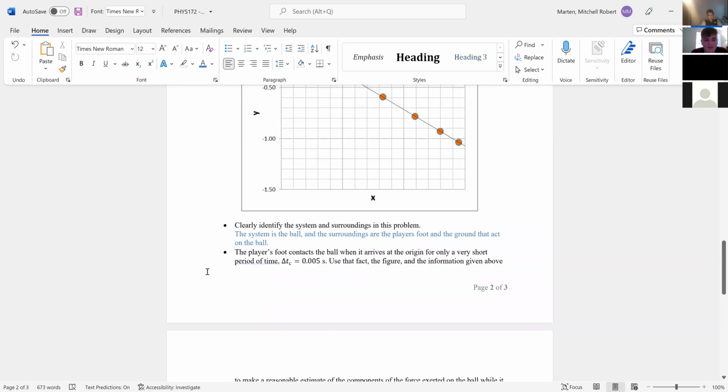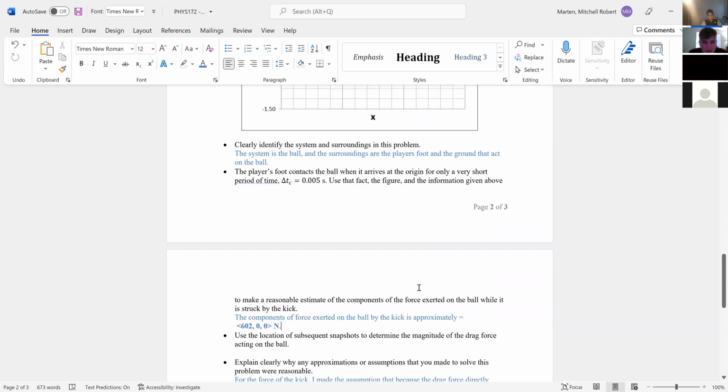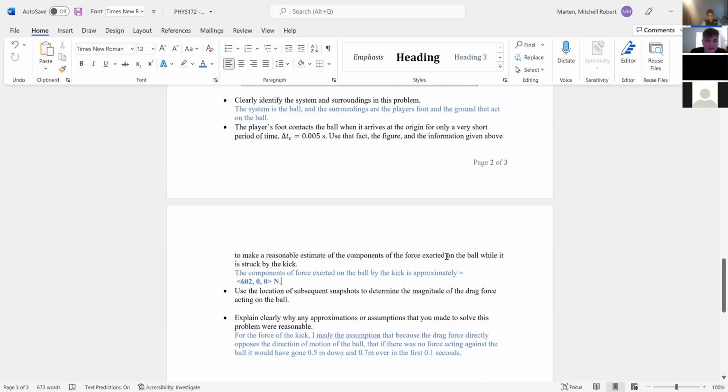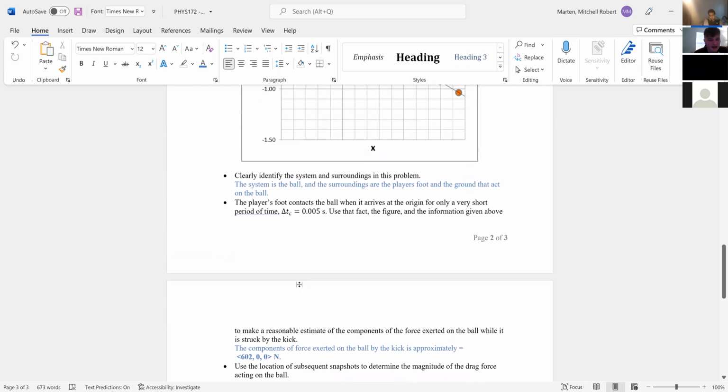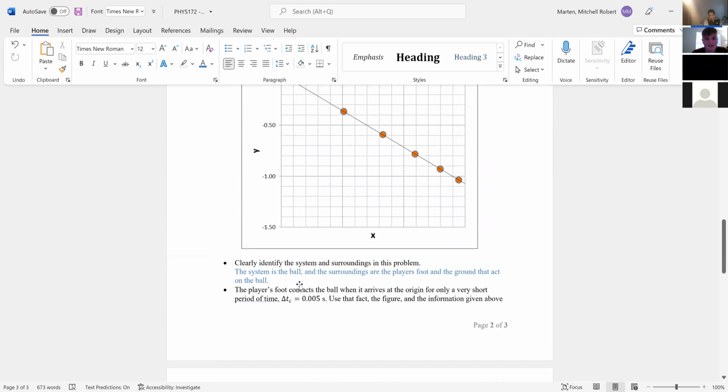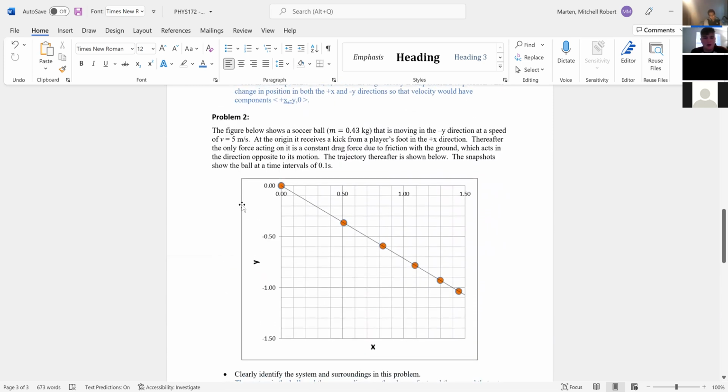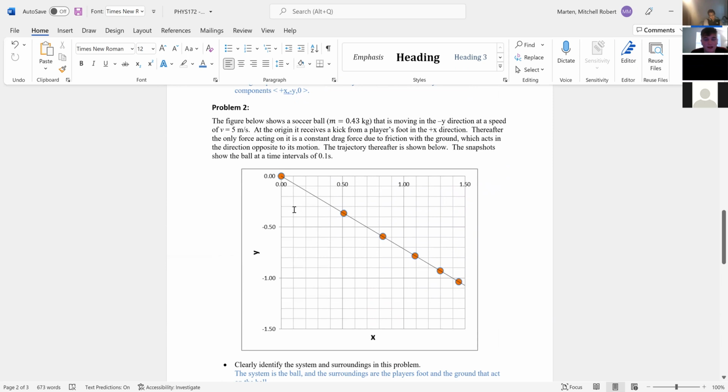For sure. And then for this one, I said the components of force exerted on the ball by the kick is approximately 602, 0 and 0 newtons. My explanation is that, assuming there's no drag force acting on the ball and it's traveling 5 meters per second in the negative y, and we don't know how fast in the x, we know that if there was no drag on the ball, it would make it to here in 0.01 seconds.